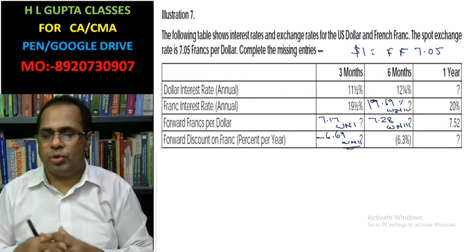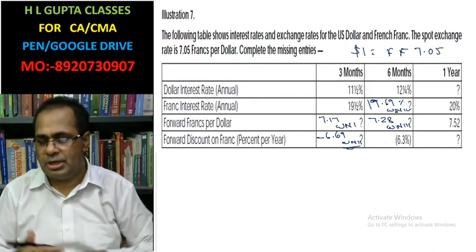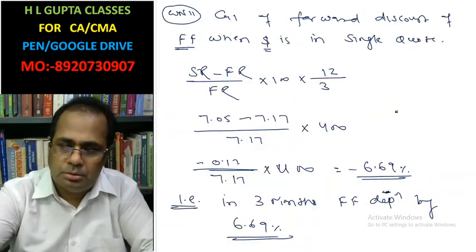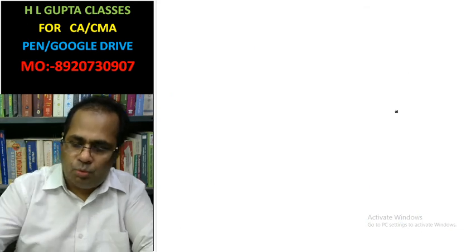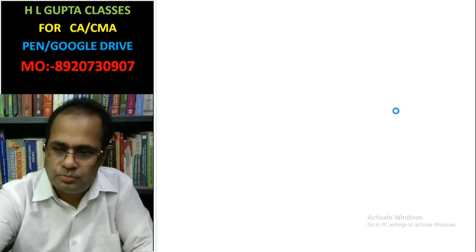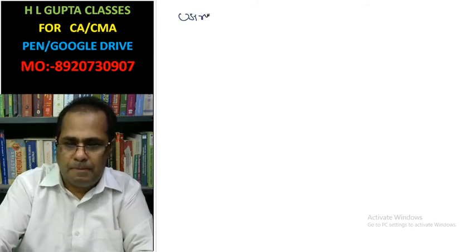Now it is for 1 year. Interest rate you can calculate, discount rate as well you can calculate. Now working note 5, using 1 year data.